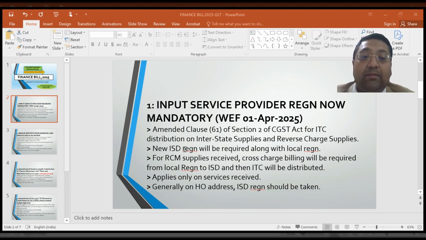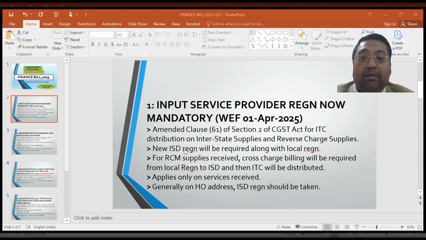And other than RCM, a registered person has to take the ISD registration and then distribute the ITC to the other GSTNs on the same PAN through this ISD registration. So now it has been made mandatory. Preferably, this ISD registration is generally taken at the head office address.